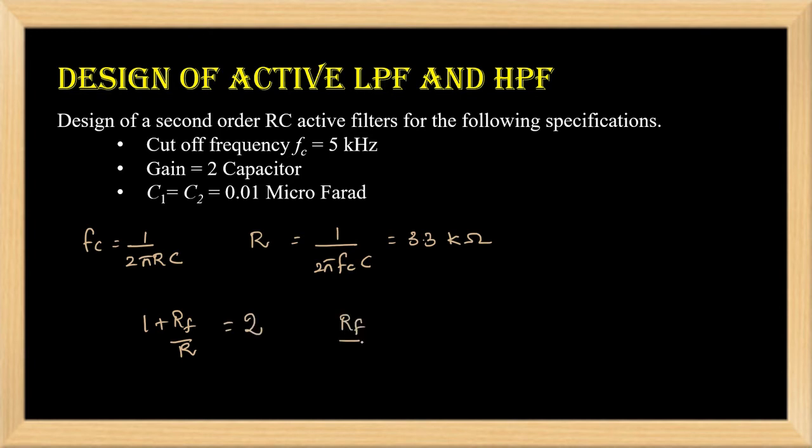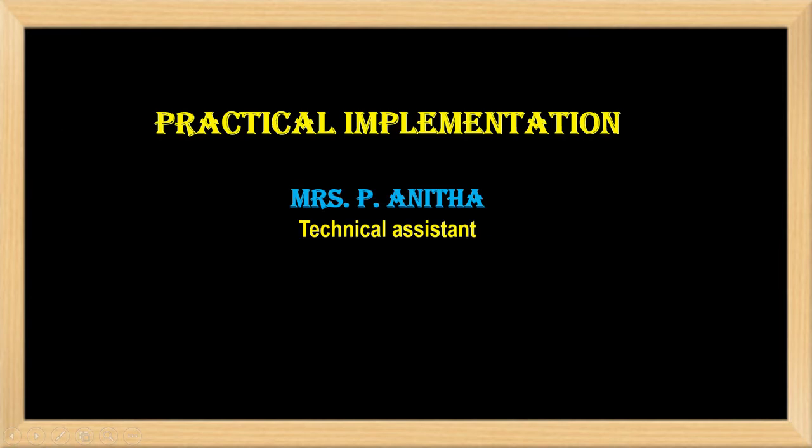So RF by R will be equal to 1 or RF equal to R. So we can take equal values of RF and R. Here we have taken 10 kilo ohm. For the practical implementation, we have taken 10 kilo ohm resistors. Now the low pass filter and the high pass filter practically implemented in the lab will be explained by Mrs. Anita, our technical lab assistant.